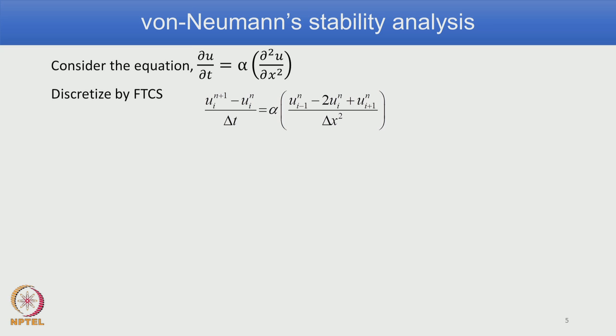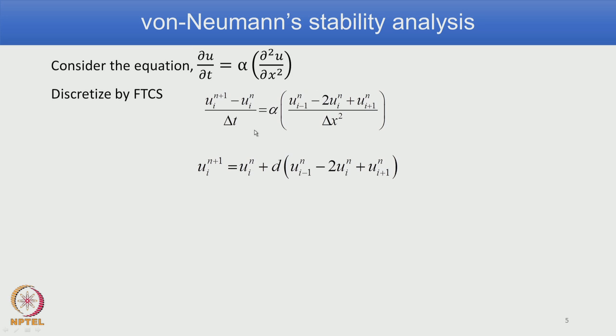If you write this down, the forward in time term is (u_i^(n+1) − u_i^n)/Δt, equal to α (u_(i−1)^n − 2u_i^n + u_(i+1)^n)/Δx². This term is central in space because it takes the point of interest i and one node on either side, i+1 and i−1, and this is evaluated at the n time level. It is central in space and this is forward in time.